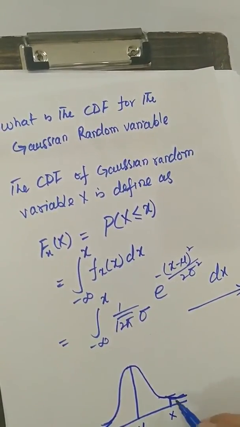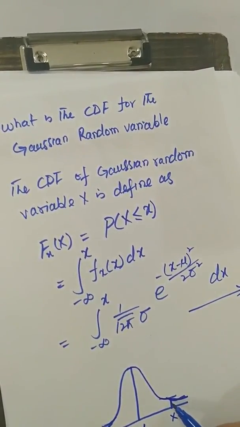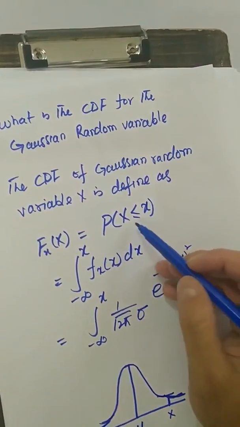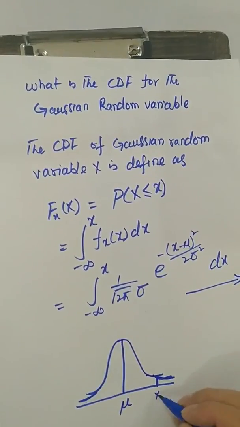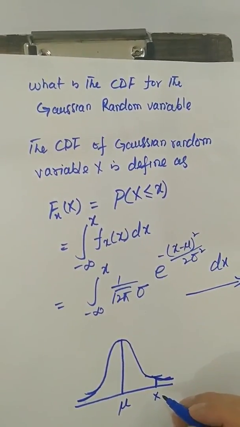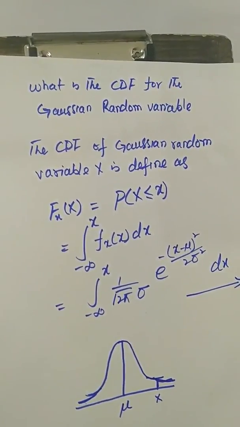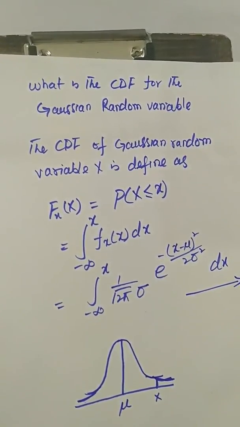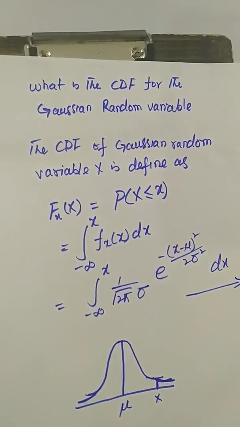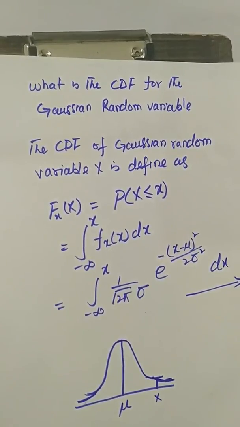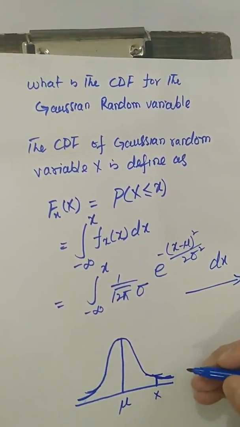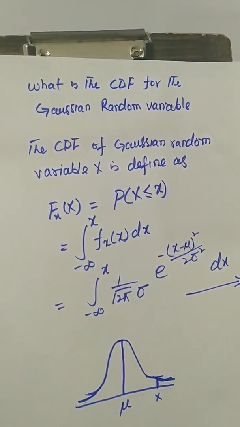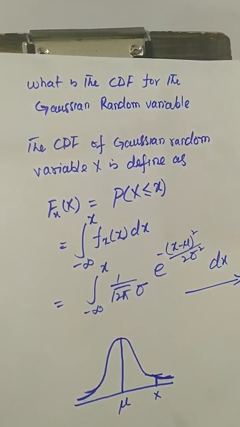I have to calculate its probability when x is less than or equal to this random variable x. So how will I solve this integration?